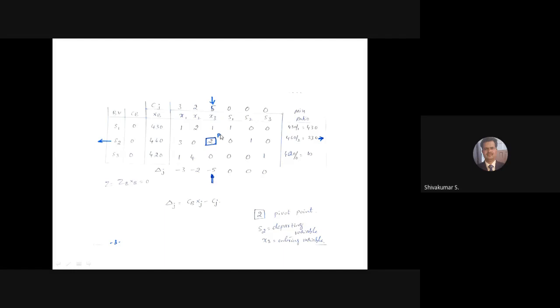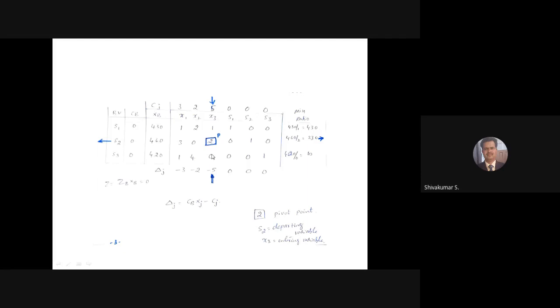Now you got this 2 as the pivot point, the intersection of the highest negative value column and the minimum ratio row. Our objective is to make this pivot point 1 and the remaining values in the column 0.